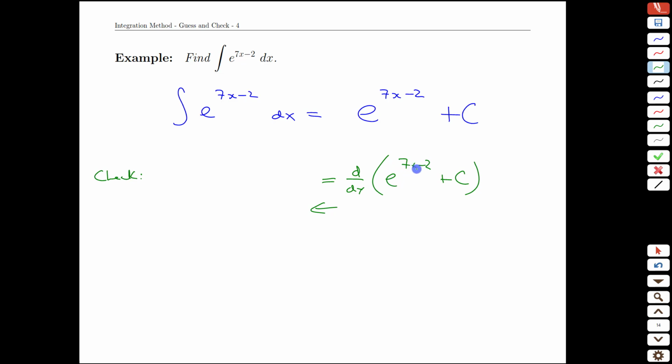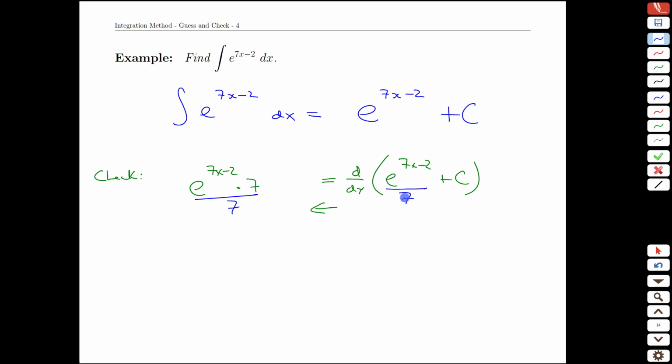The derivative of e to the 7x minus 2 is going to be e to the 7x minus 2 times 7. We take the derivative of that exponent. Well, I don't want the 7. I'm trying to match this function exactly, so we're going to add something ourselves. The way I get that is dividing by 7, by putting it in here as well, and that's going to work perfectly.